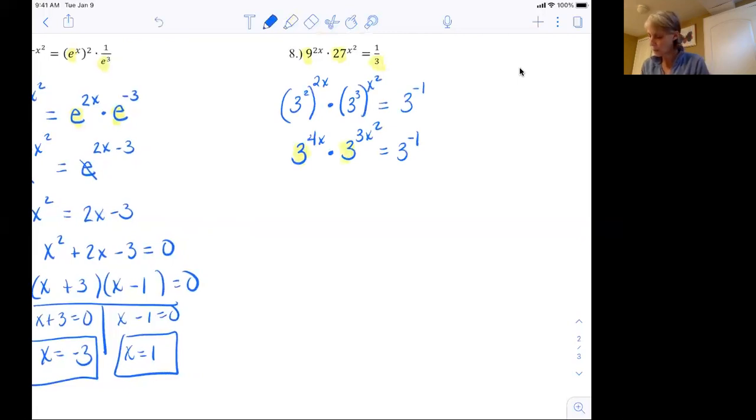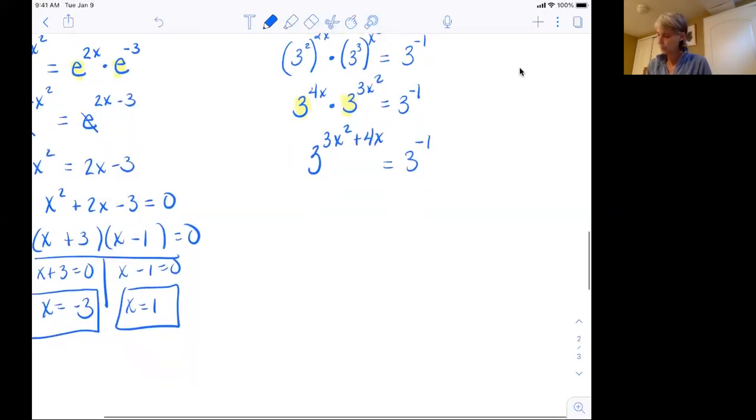Multiply like bases, add your powers. I'm just putting them in standard form because I'm seeing a quadratic up there. Cancel, set them equal to each other.